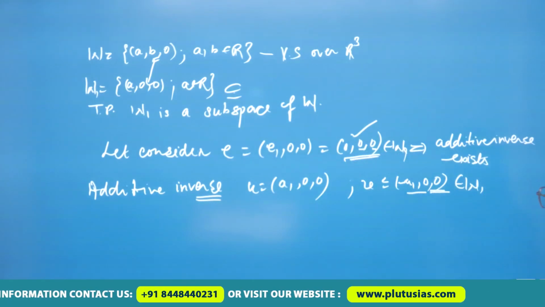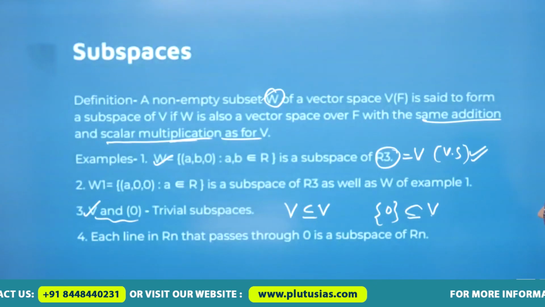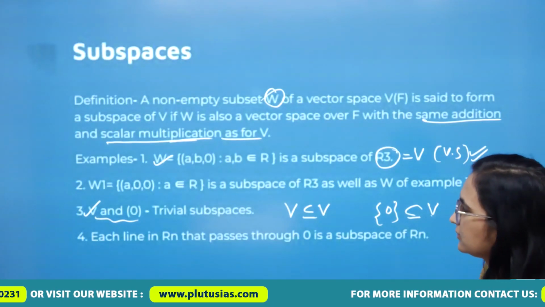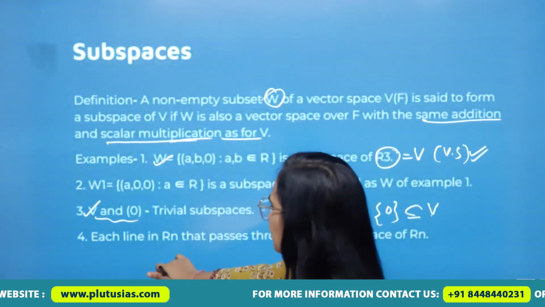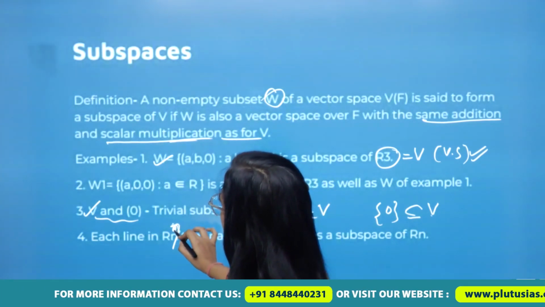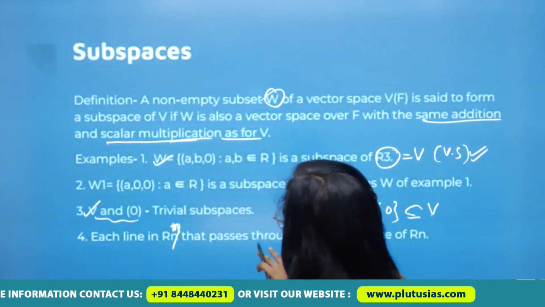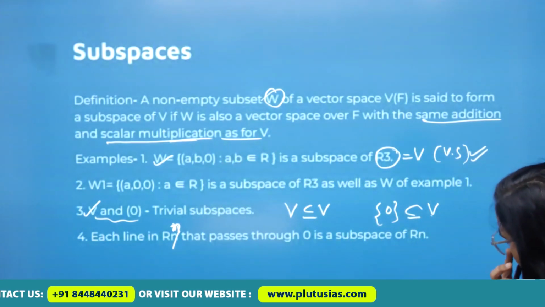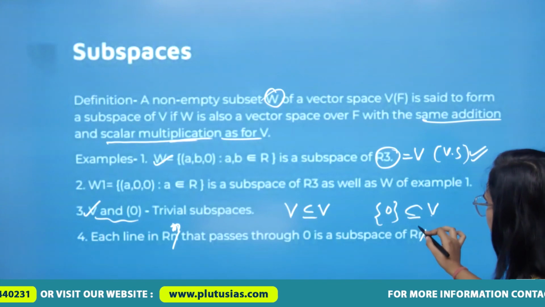The next example was: each line in the real number space, the real field of n-tuples, that passes through 0 is a subspace of Rn.